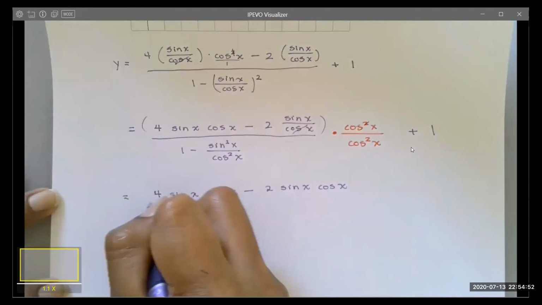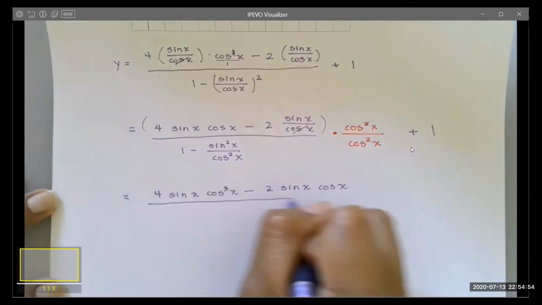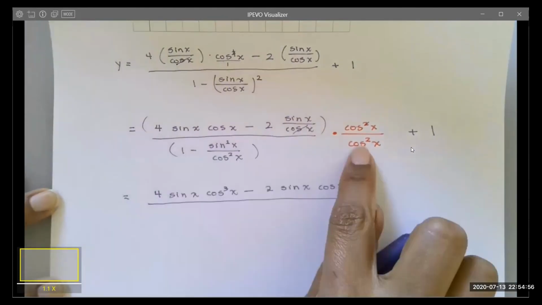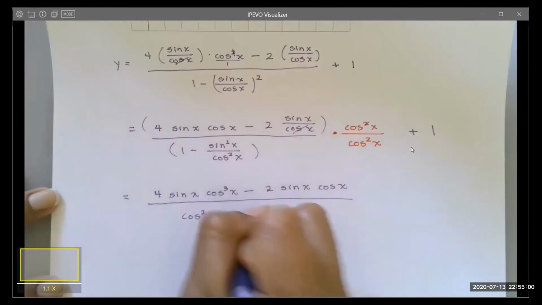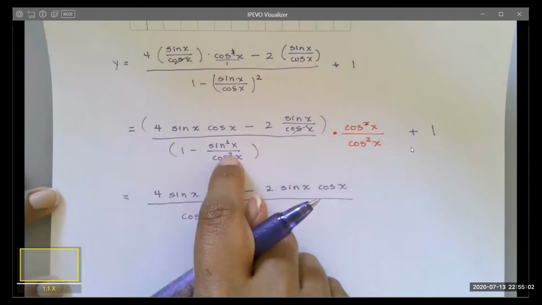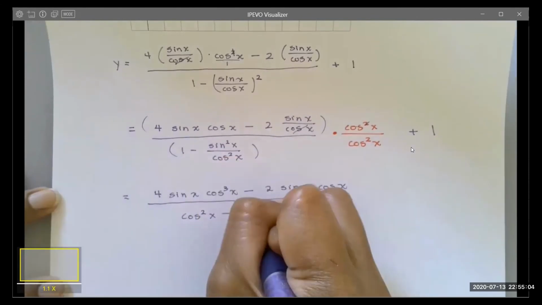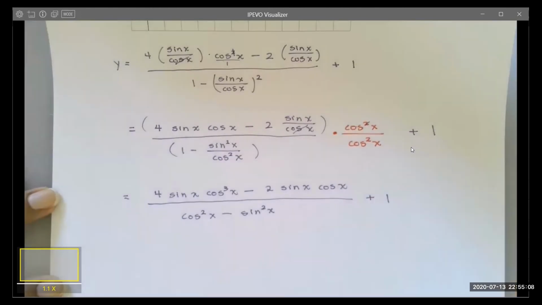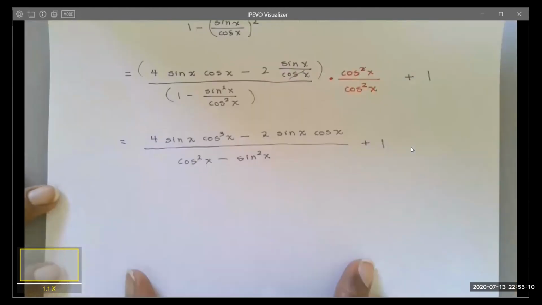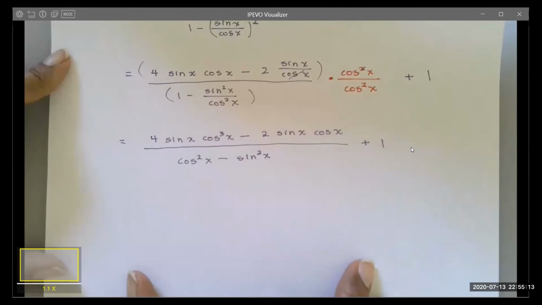And the denominator, if we repeat the process, distribute the cosine squared to the 1, and we get cosine squared x. Distribute the cosine squared to the sine squared over cosine squared, and we get just the sine squared x. And then I won't forget my 1 here. Okay, what can we do after that?